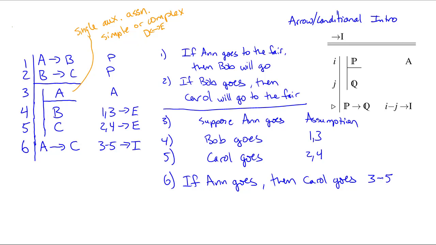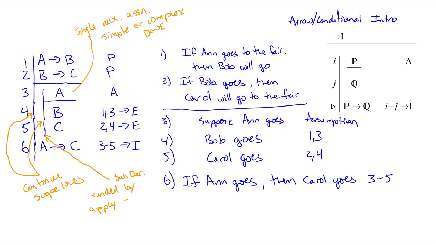Next point is we're always going to continue both scope lines, and we only end the subderivation when we apply the arrow introduction rule. There'll be a few other subderivation rules as well, and those subderivations end only when the particular rule is applied. Now, once ended, everything inside the subderivation is off limits.